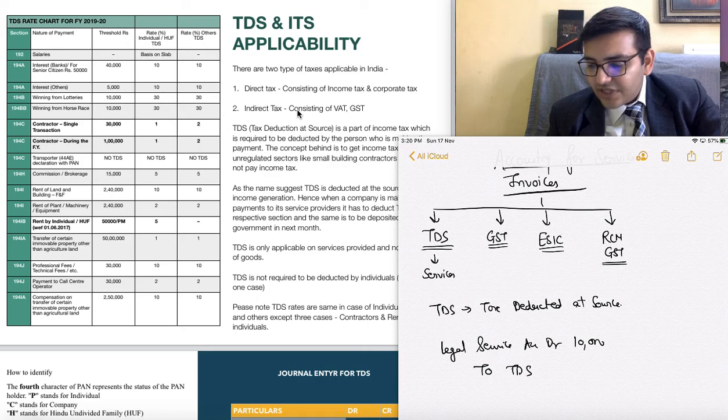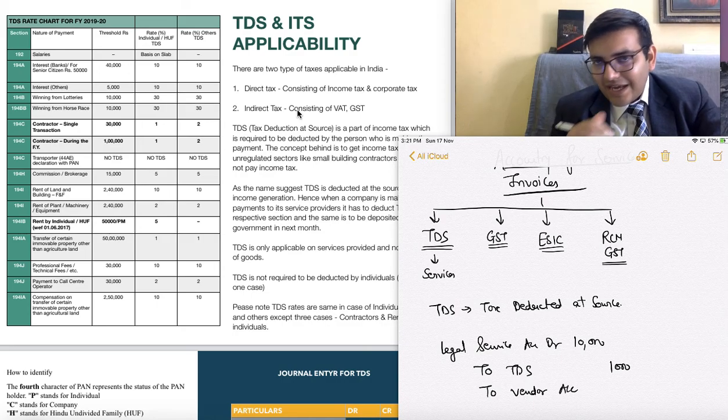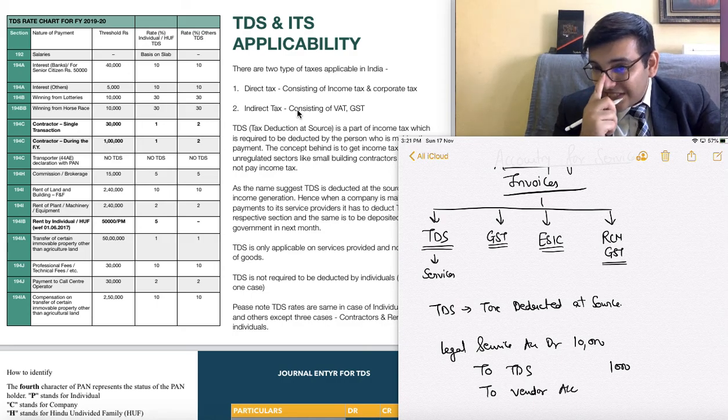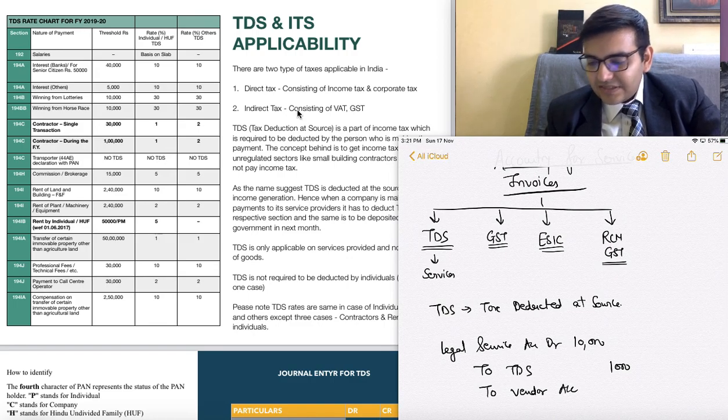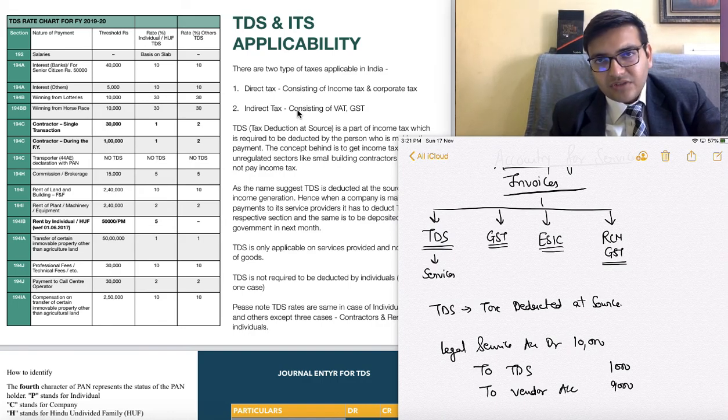To TDS you have to deduct 10%, 1,000, and the balance you have to pay to the vendor account. We won't say supplier, we will say creditor in this case, because supplier is usually used for the purchase of goods. So to vendor account 9,000 rupees. Ultimately, after deducting 1,000, we have to pay 9,000 to the lawyer. It is very simple. Since TDS is a liability, we have to credit it.